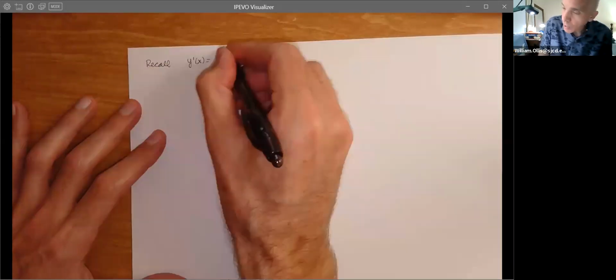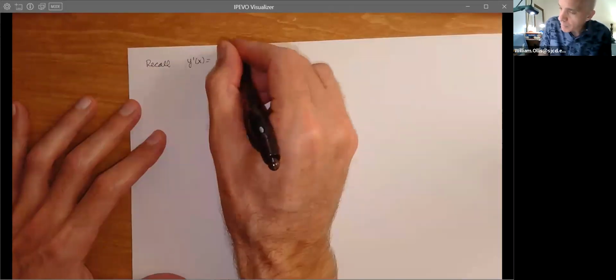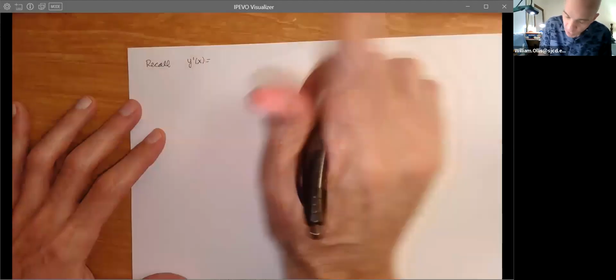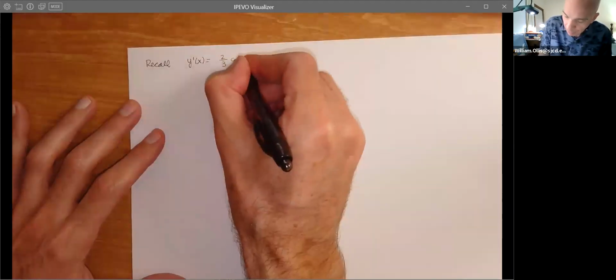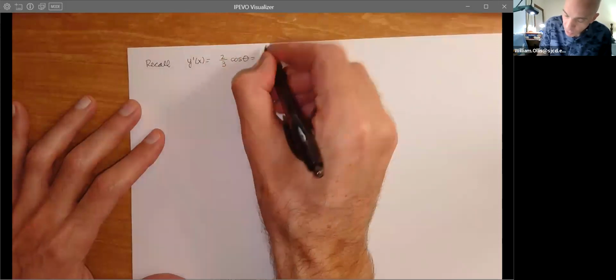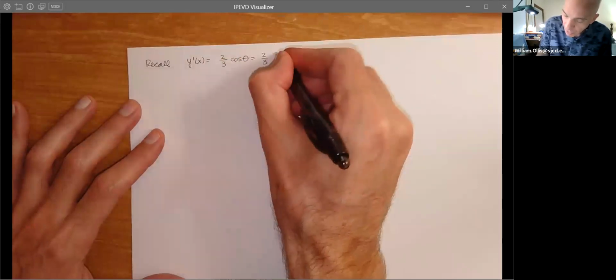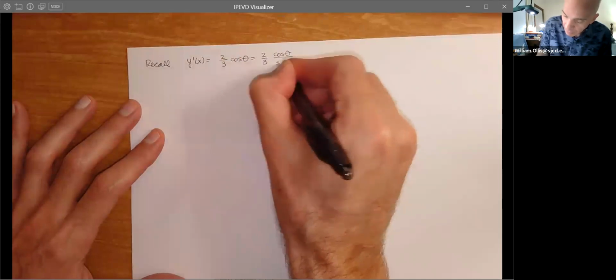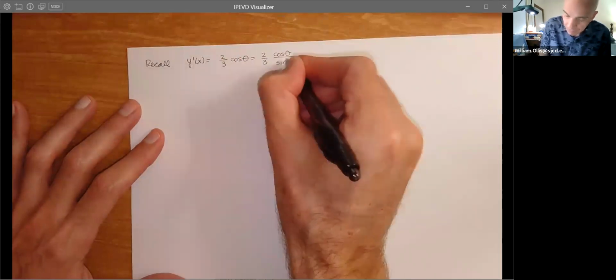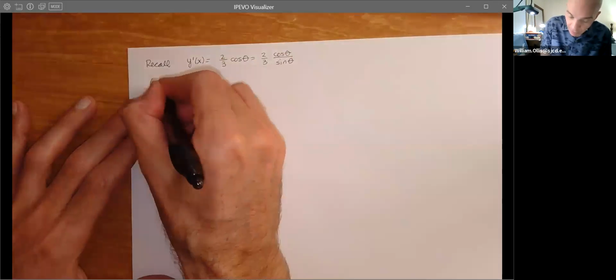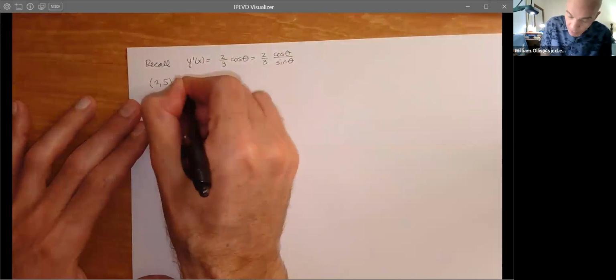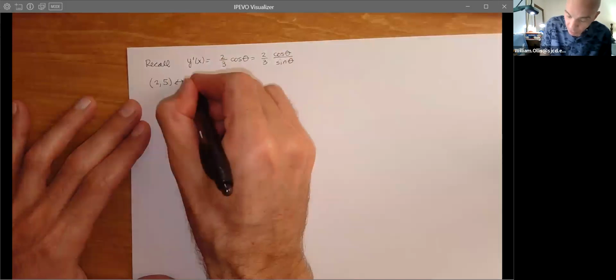We computed that. We get, let me remind myself, where did I write it? 2/3 cotangent theta, or if you like, 2/3 cosine theta over sine theta. And so we have the point (2,5) and a corresponding parameter value of pi over 2.